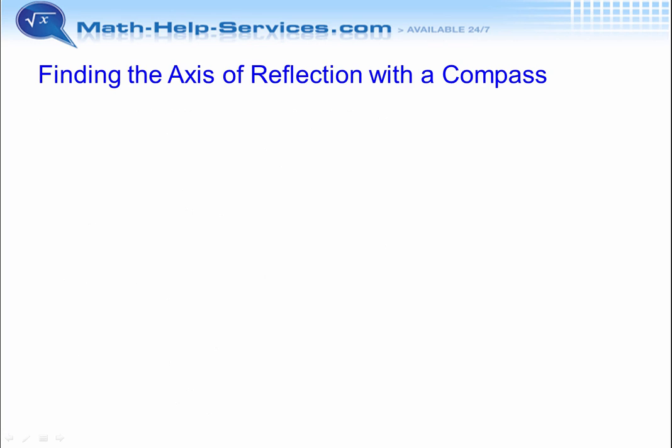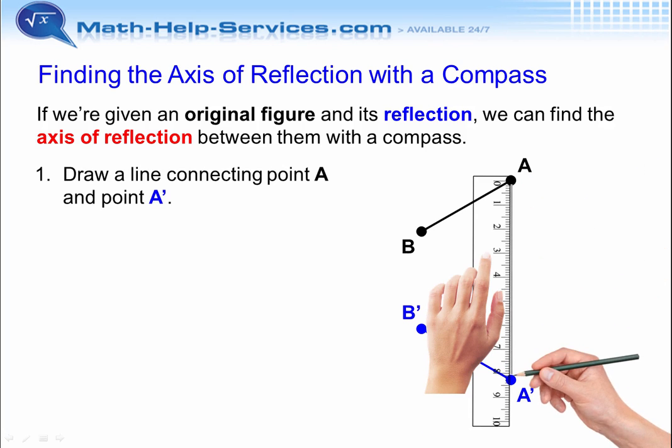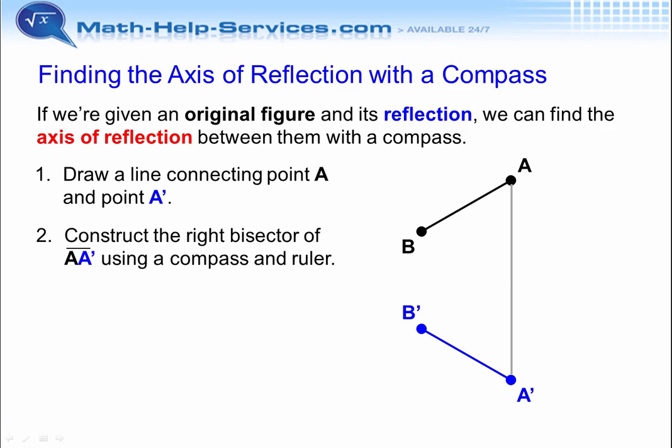Finding the axis of reflection with a compass. If we're given an original figure and its reflection, we can find the axis of reflection between them with a compass. First, draw a line connecting point A and point A'. Now construct the perpendicular bisector of AA' using a compass and ruler.